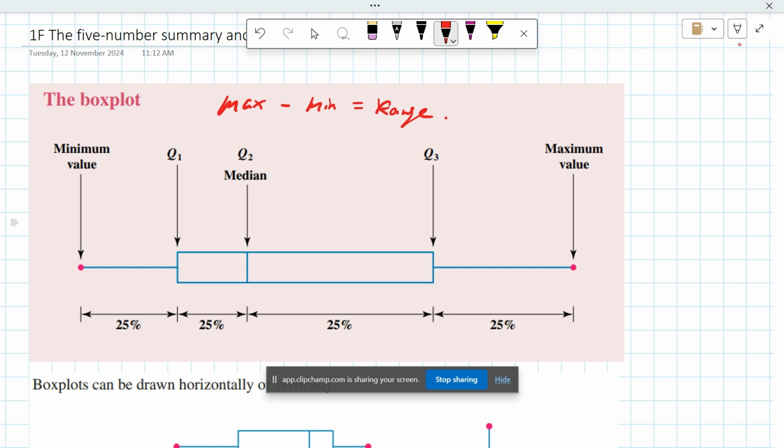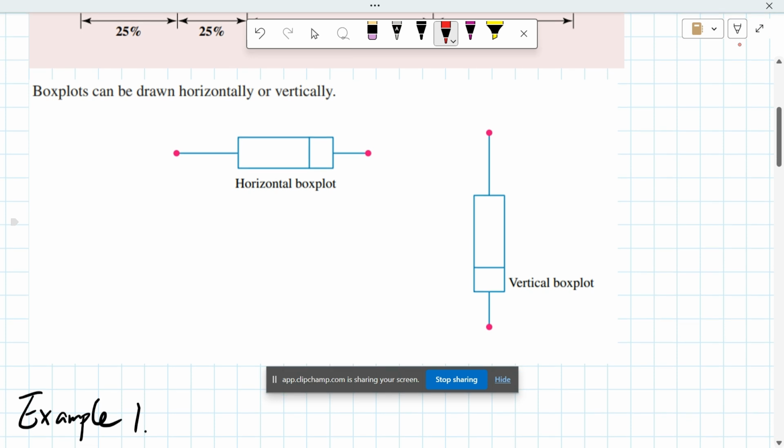And Q1, which is your first quarter, is the first 25%. The median is the 50%, which is in the middle. And Q3 is the 75% of the data. And for box plots, we have two different orientations, horizontal and vertical. Hopefully that makes sense.